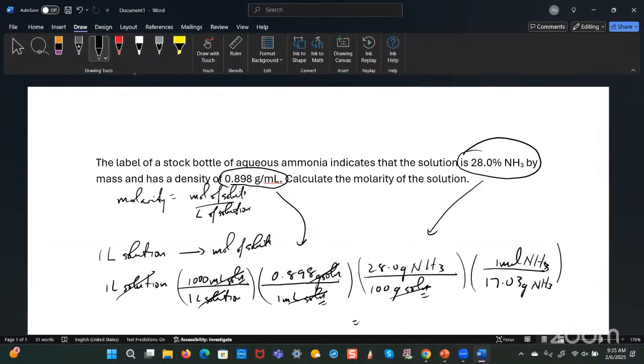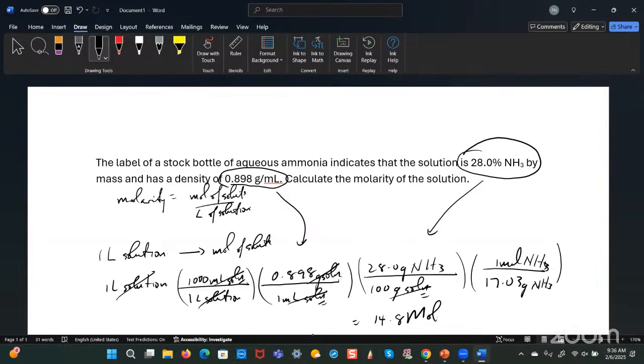And this doesn't look right. Okay, so the answer I got, when rounded off, is 14.8 M, or moles of ammonia per liter.